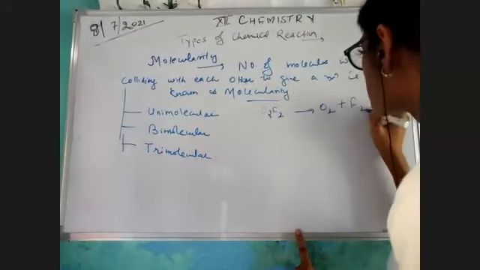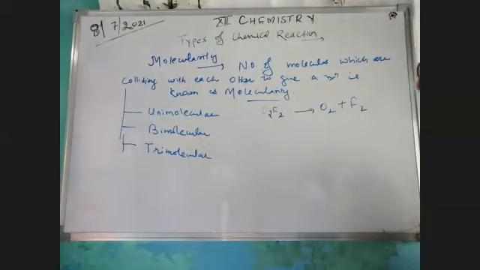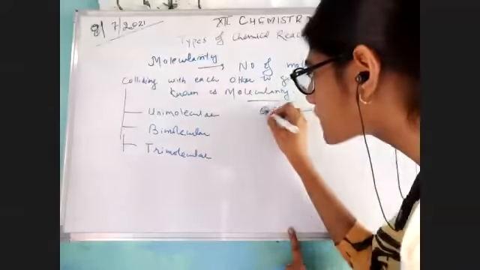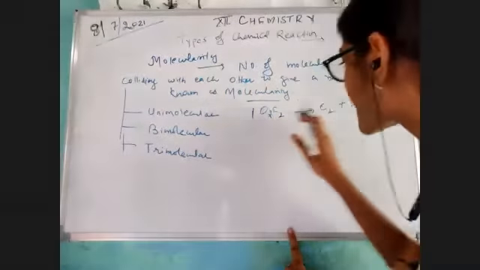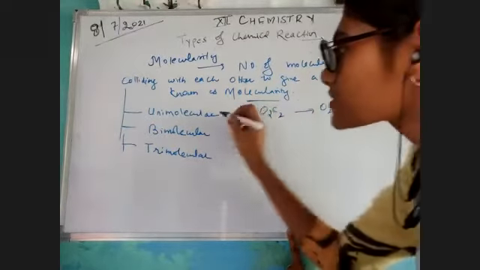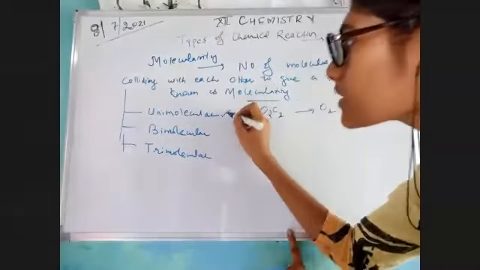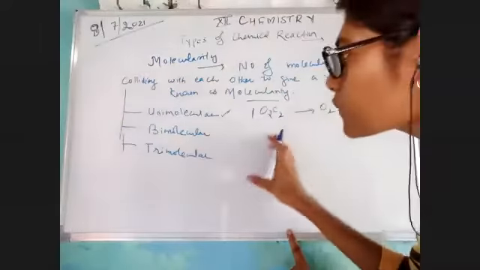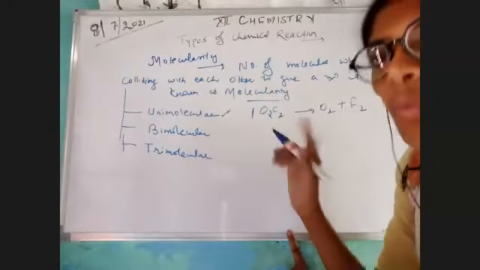This is getting decomposed into O2 and F2. Since there is only a single molecule which is getting decomposed to give two different types of products, this reaction is known to be unimolecular, or we can say the molecularity for this reaction is 1.